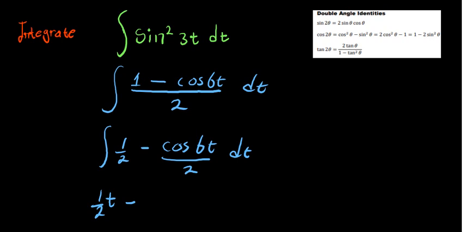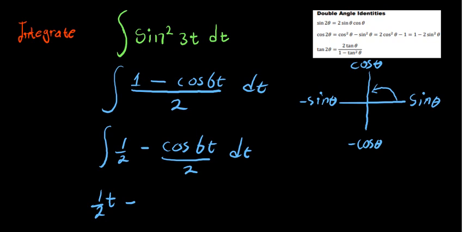Okay, so how do you come up with this? I've talked about this in most of the videos. Here you're going to have sine theta, here cos theta, minus sine theta, and here minus cos theta. If you differentiate sine, you get cos.